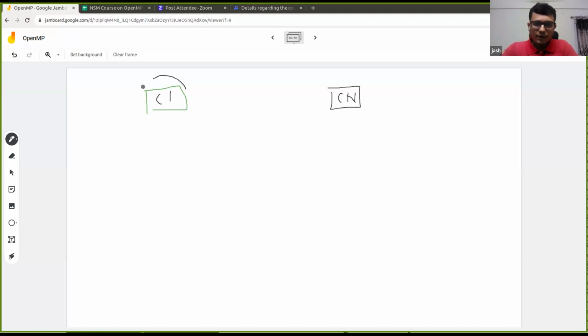Core 1 can perform one particular instruction or multiple instructions on some set of data, as well as core n can perform a different set of instructions on another set of data. So it is a multiple instruction, multiple data kind of architecture. I hope this was clear. Let me move back to the slides.